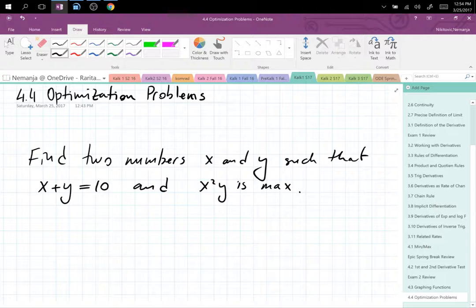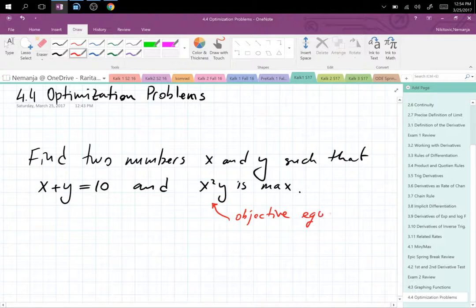One equation is called the objective equation, because that's what the point of the problem is. You want this product to be maximum. You want profit to be maximum. You want cost to be minimum. You want your energy used to be minimum and so on. So you have the objective equation.